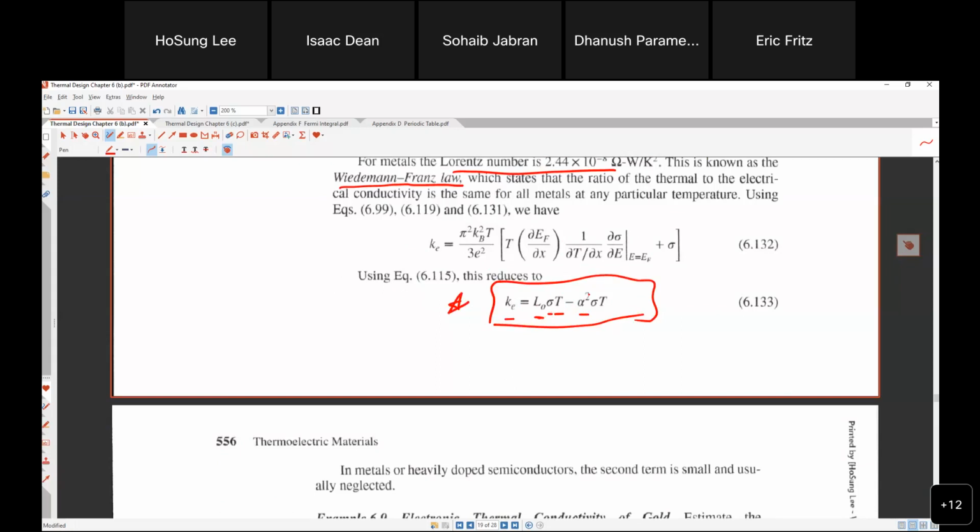So if Seebeck is large, we can reduce electronic thermal conductivity. That's very important.